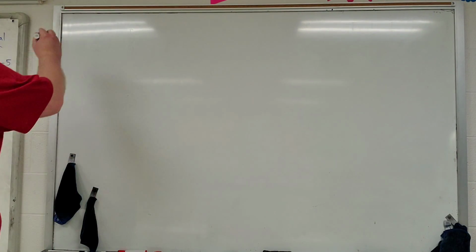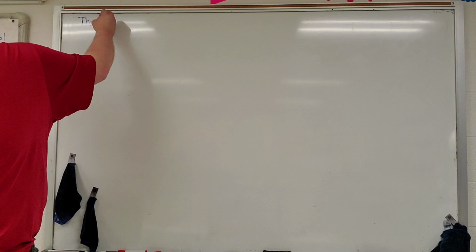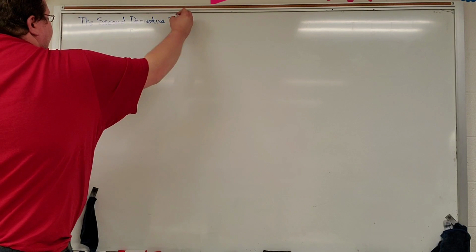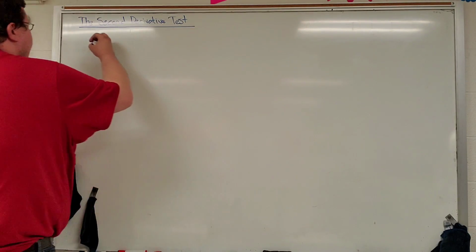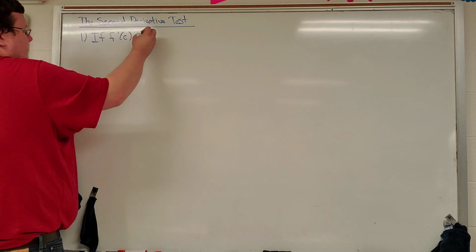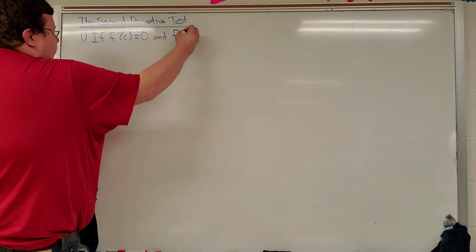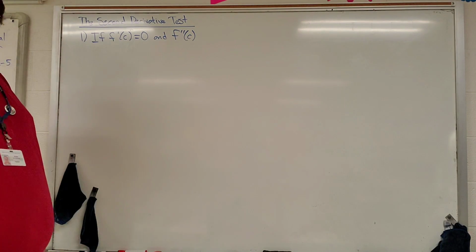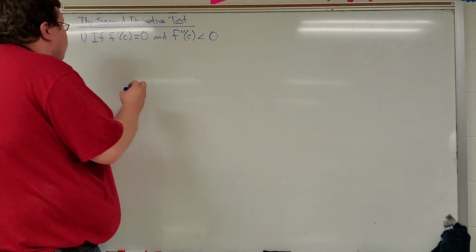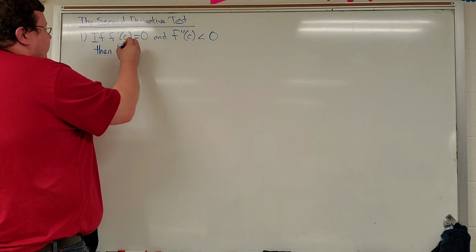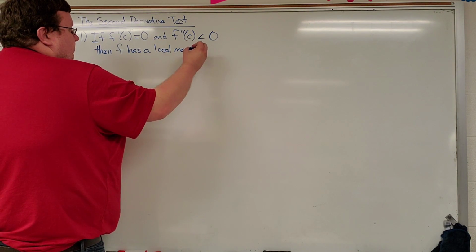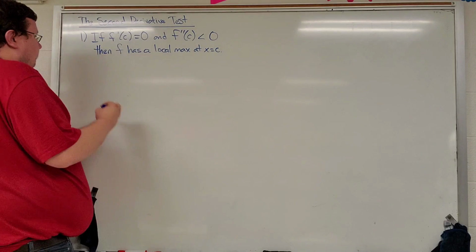All right, so second derivative test. The second derivative test says if f prime of c is equal to 0 and f double prime of c is less than 0, then f has a local maximum at x equals c.